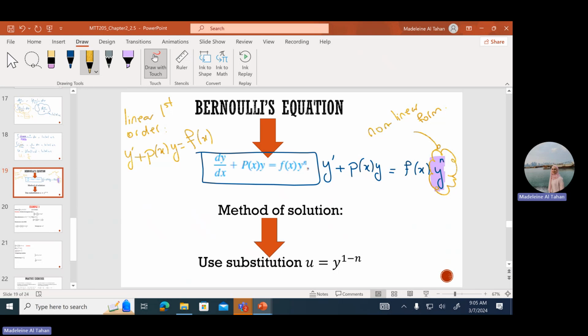But which substitution here? We will use u equal y to the power 1 minus n. It may be given as y squared, so n is 2. It may be given as y to the power 4, so n is 4, and so on.